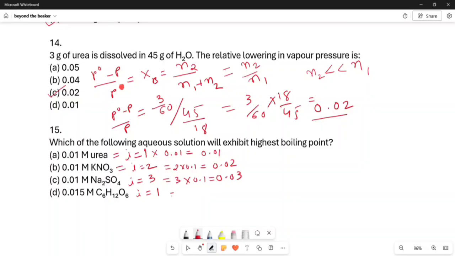Here 0.015 multiplied by 1 is the same. So elevation in boiling point is directly proportional to this 0.03. It is the highest. So 0.01 molar Na2SO4 exhibits the highest boiling point.